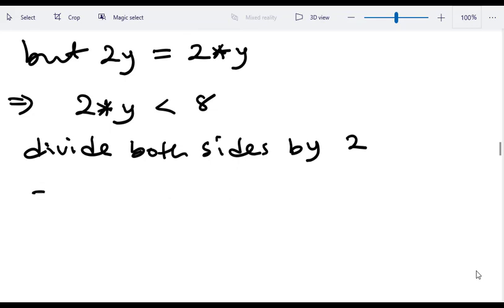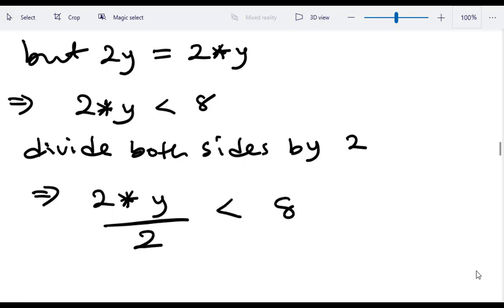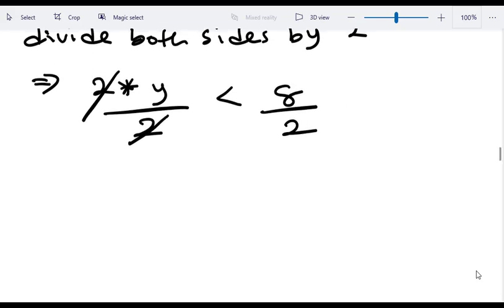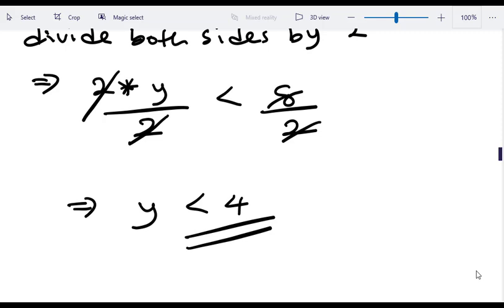When we do that, we'll have 2 multiplied by y divided by 2 less than 8 divided by 2. So these 2 will cancel these 2. If it does that, y falls down. 8 divided by 2 will be 4.